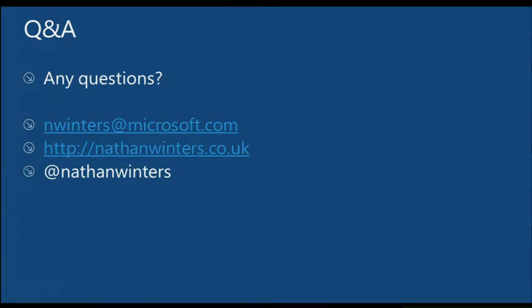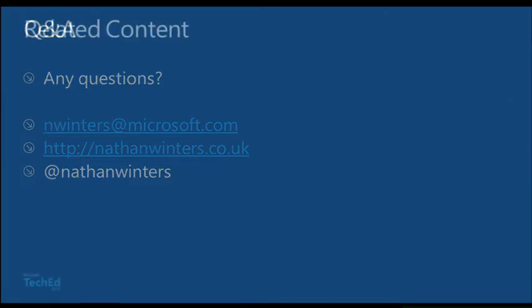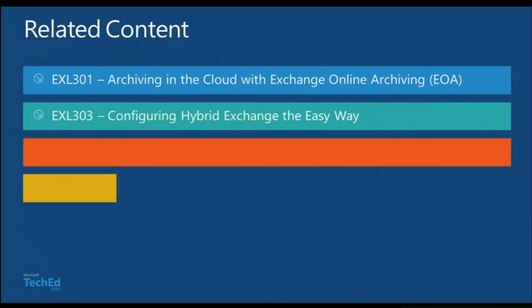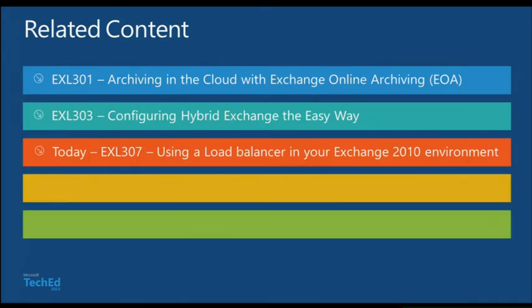But I would like to draw your attention to a couple more sessions that are going on. The top two have already happened, over the last couple of days, so if you weren't there, have a look at the recordings. There's more information about this hybrid setup in the 303 session, and archiving in the cloud was another session which covered things like compliance and filtering.